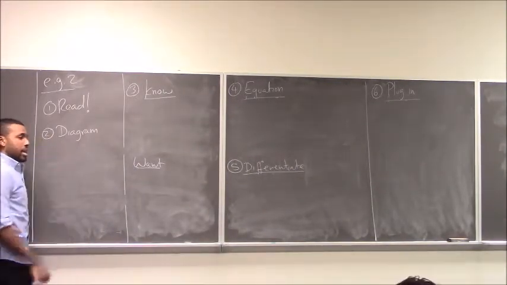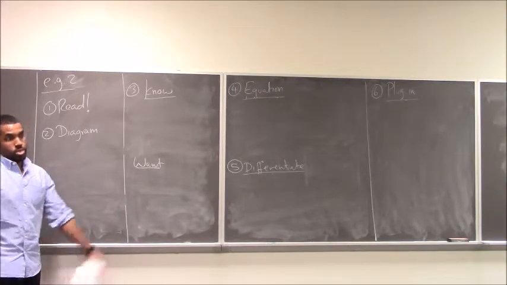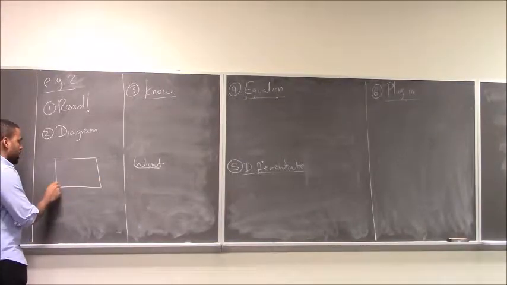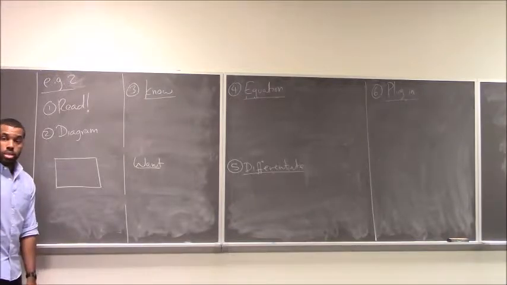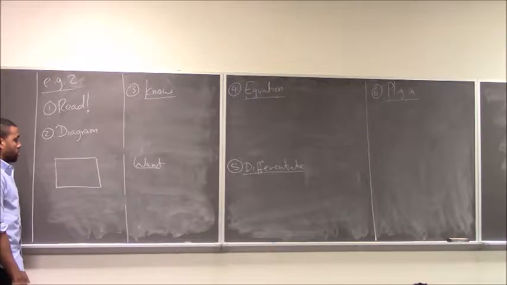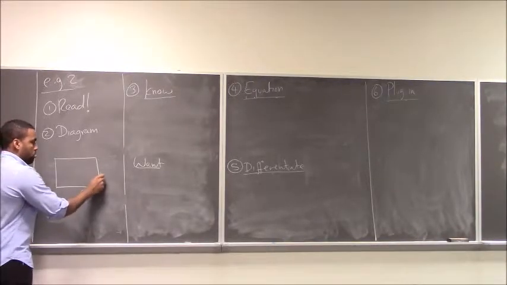So we move on to the diagram. What's the diagram here? It's a rectangle. They described a rectangle, so the diagram is obviously a rectangle. I'm going to label this rectangle. Let's do L and W, length and width.